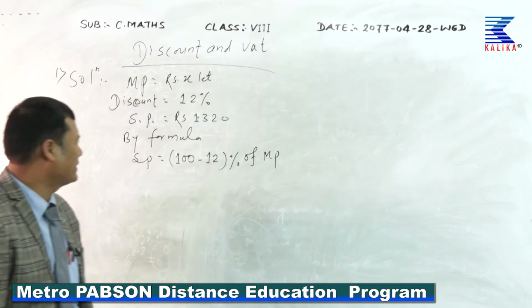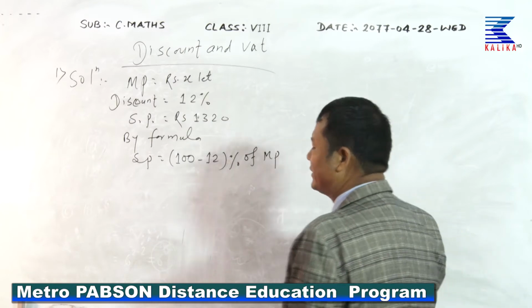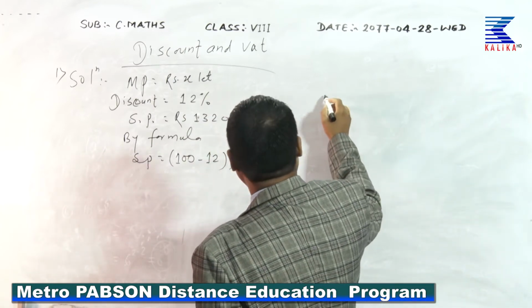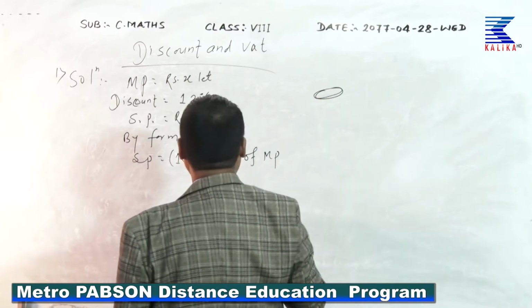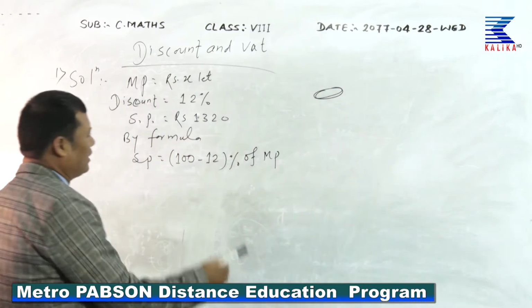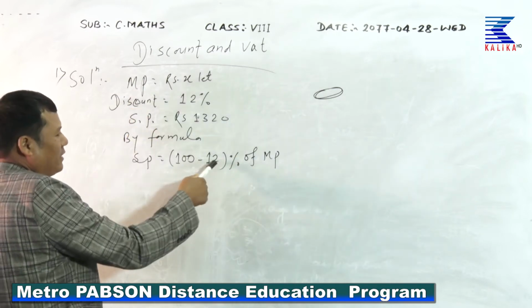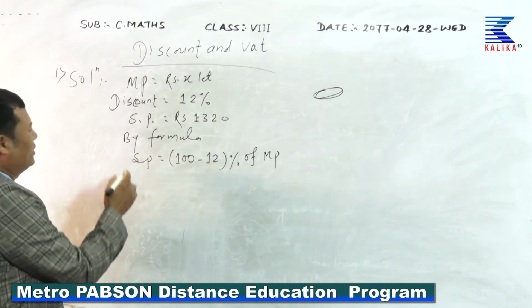Once more, please. First of all, you find the discount amount, then MP minus the discount amount will be the selling price. First 12% of MP, then MP minus discount percent.